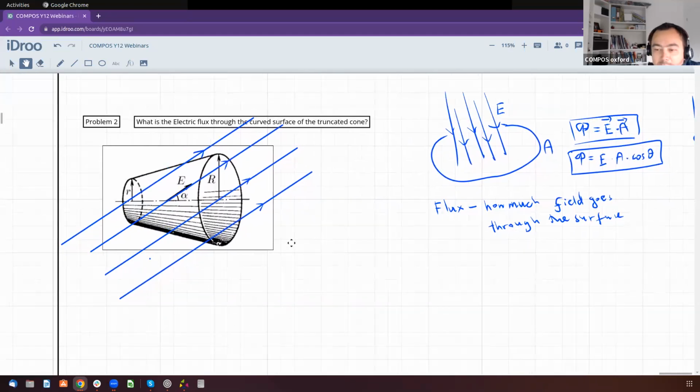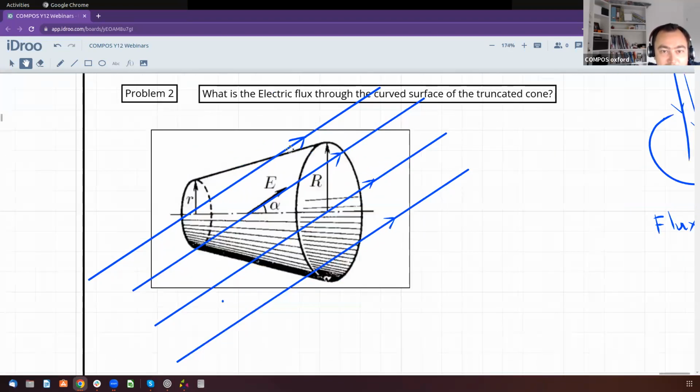Okay. So the question is, what is the electric flux through the curved surface? Now, we know that the flux is the field times the area, and that's certainly not easy, because it's the integral of E dot dA.